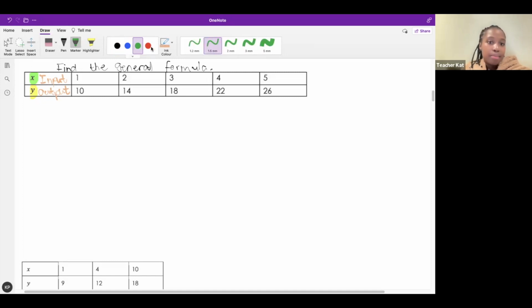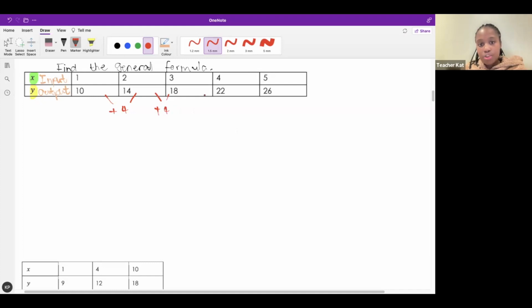Now let's see what's happening here by output. 10 to 14. How did I get from 10 to 14? We add 4. From 14 to 18, we add 4 again.